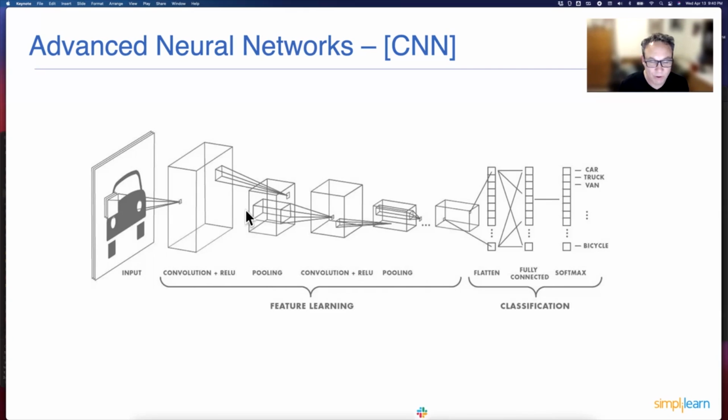You go one after the other through all of these layers, and we end up being able to tell whether that's a car, truck, van, or bicycle. But it's all the very basic structure I just showed you. Just add more and more of it. That's all it is.